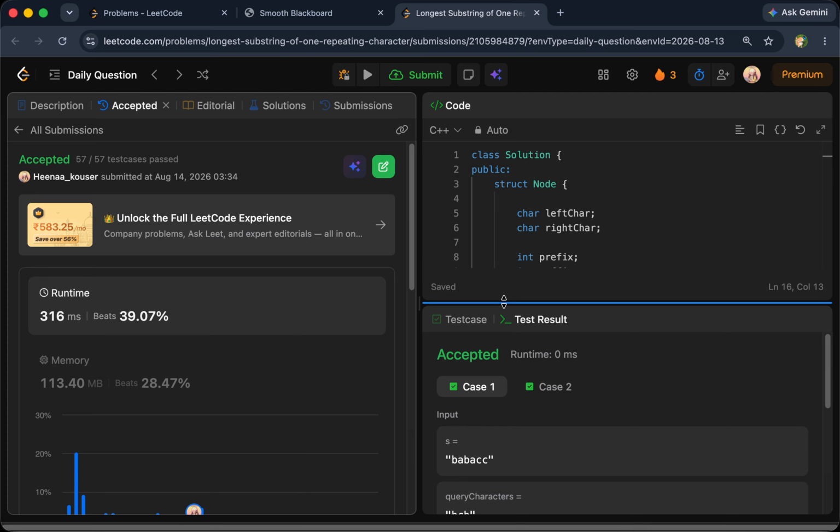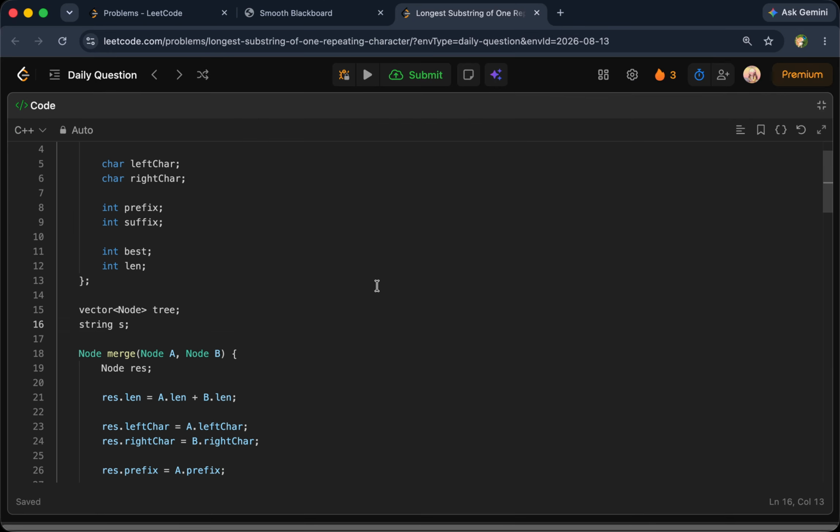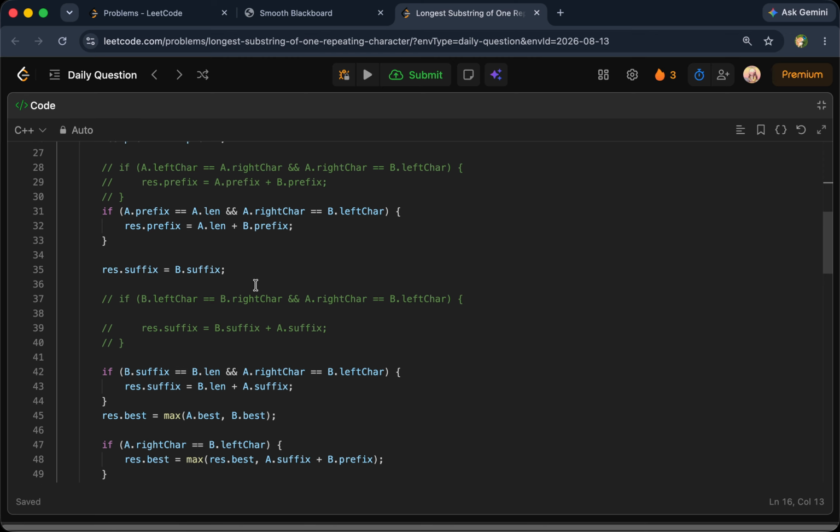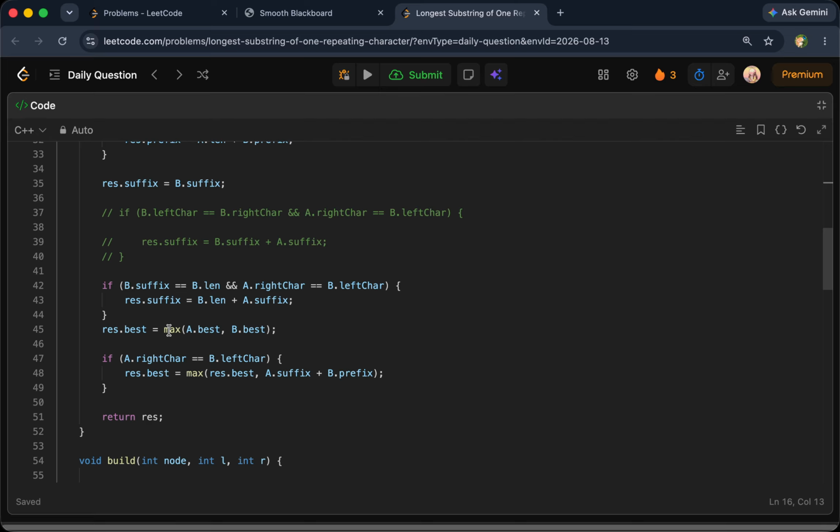See, the main logic mistake was in merge. To decide whether the whole segment had the same character, that was not sufficient. For example, ABA has the same first and last character, but the whole segment is not the same. So we add an int length, and now we check that prefix is equal to length. This correctly means the entire segment consists of the same character. So the important fix was not just a syntax issue.